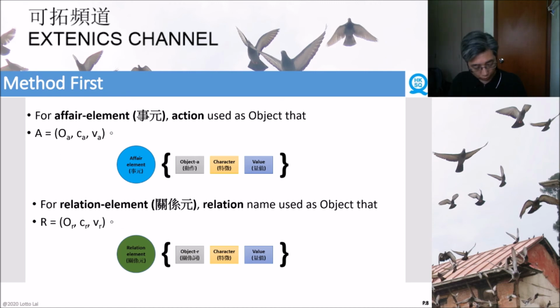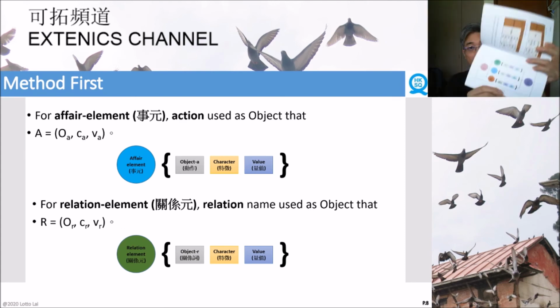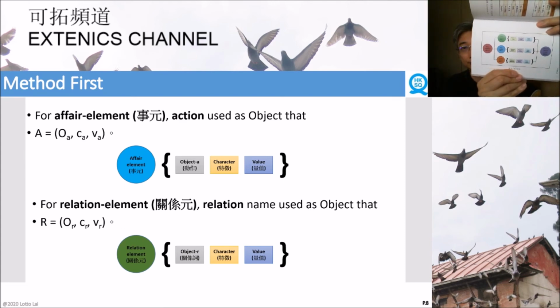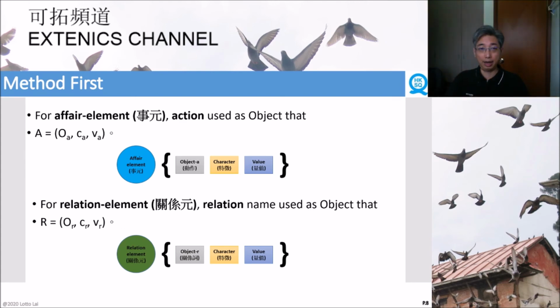All these models will be on my blog on model building. After that, I will describe one by one what the meta element, affair element, and relation element are, and explain how to use these models to generate creative ideas and innovative services and products in the future.